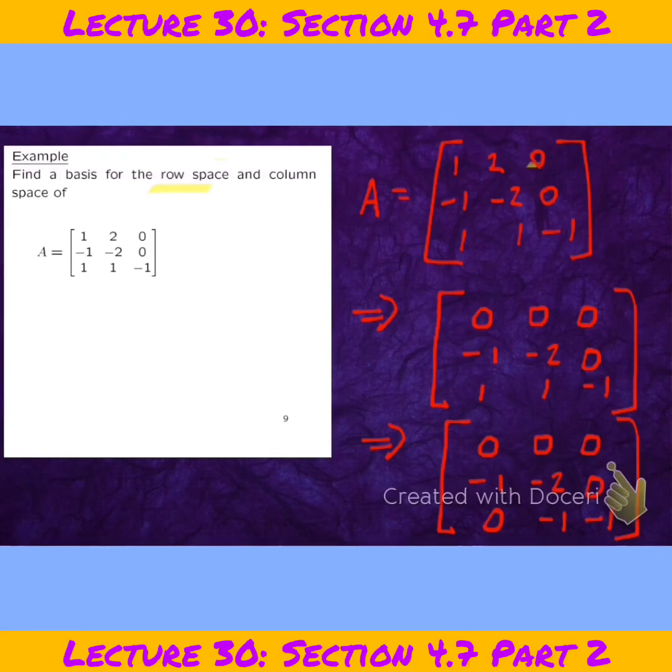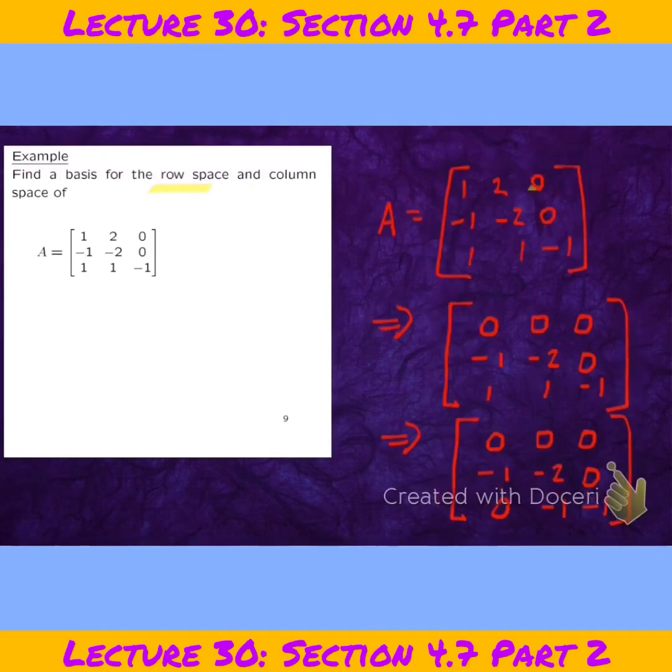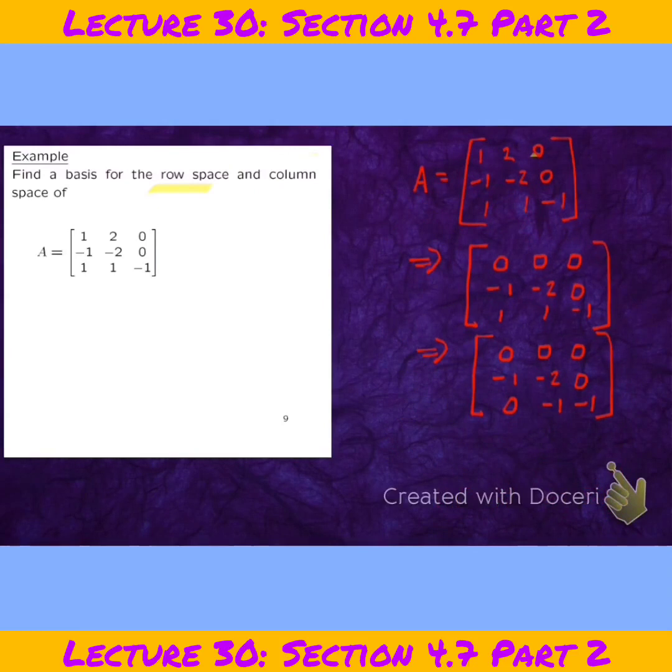Right, so we get our second row reduction. Okay, the next row reduction, what we're going to do is take the third row and multiply through by -1, and take the second row and multiply through by -1.